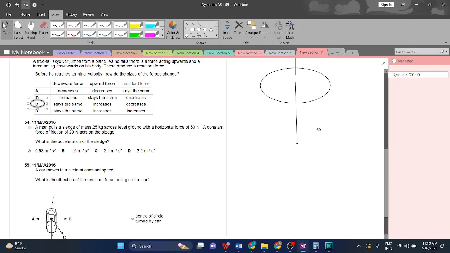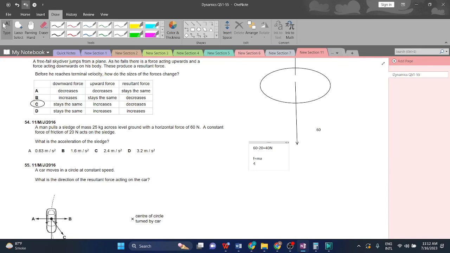अच्छा एक बंदे ने लेवल ग्राउंड पर हॉरिजॉन्टल फोर्स ऑफ 60 न्यूटन्स से खींचा है और 20 न्यूटन्स फ्रिक्शन में लूज हो गए, तो द रिजल्टेंट फोर्स इज 40 न्यूटन्स. और 40 न्यूटन्स को अगर हम F इज इक्वल्स टू m a में यूज करेंगे तो वी कैन गेट द एक्सेलरेशन.